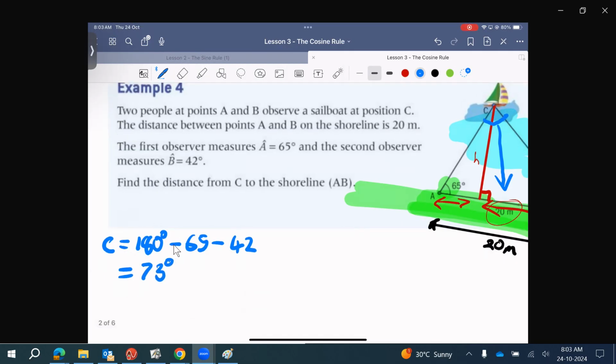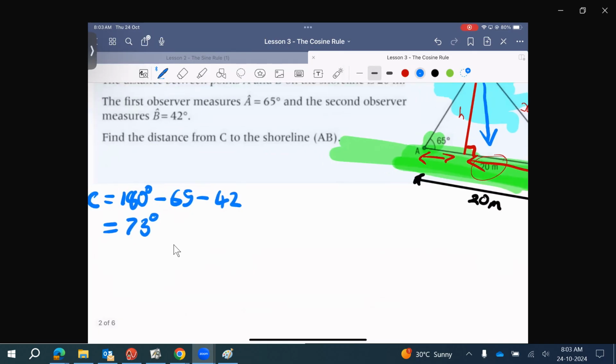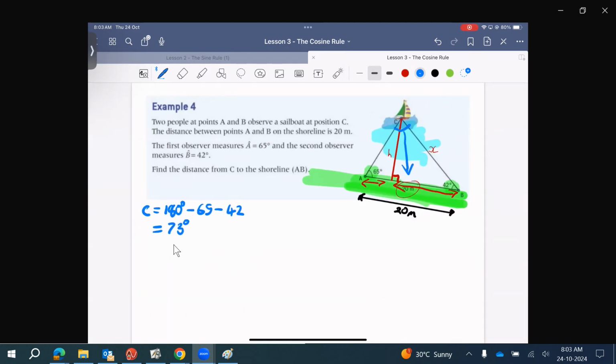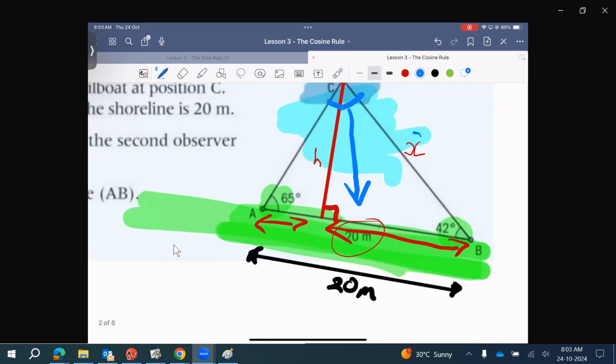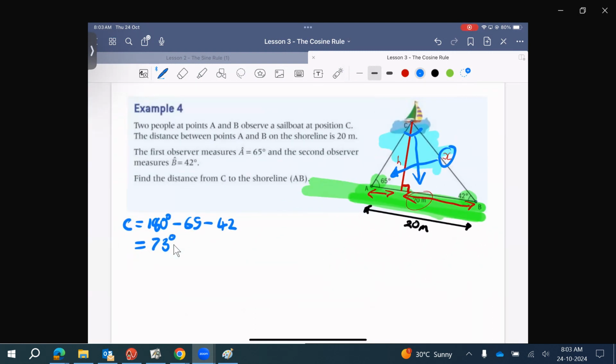Right. So we can put up a sine rule now. We are after side X. Which angle is opposite? A. So let's put up a sine rule now with the side and angle that we know and the angle and side that we want.